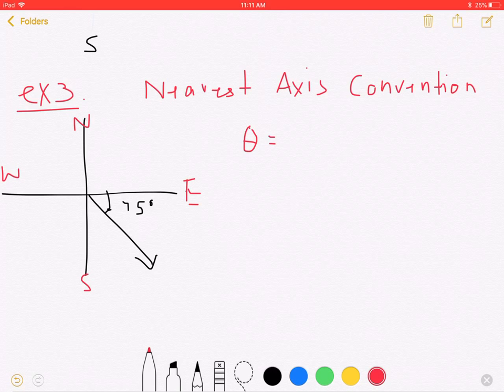The angle from straight east towards the south is 75 degrees. So from east, you would walk 75 degrees towards the south. So one way in which we can measure theta would be 75 degrees south of east.